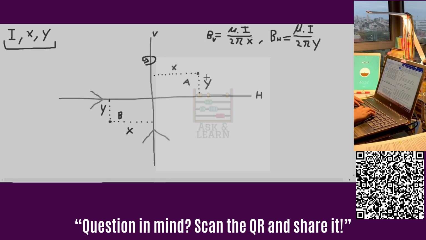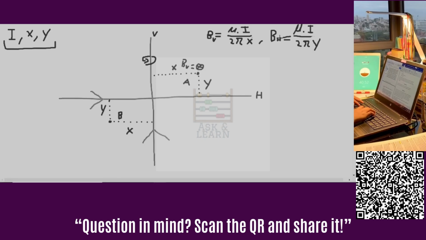So at point A, these lines are going to be pointing directly down into the page. Here is our magnetic field; I'll draw it in green, see if that makes it easier to see. Our magnetic field is going to be pointing into the page. So this is BV, and it points into the page.